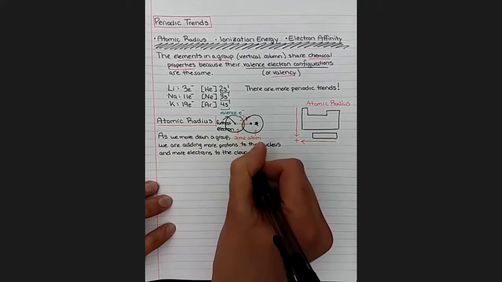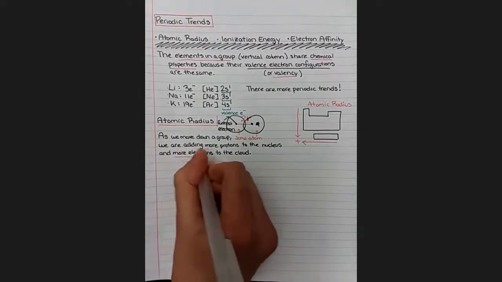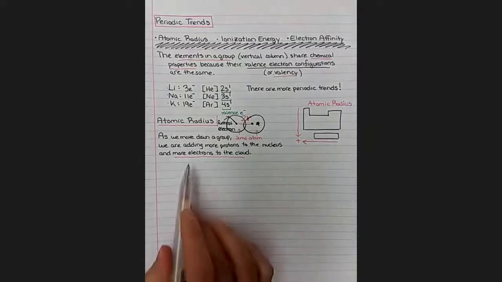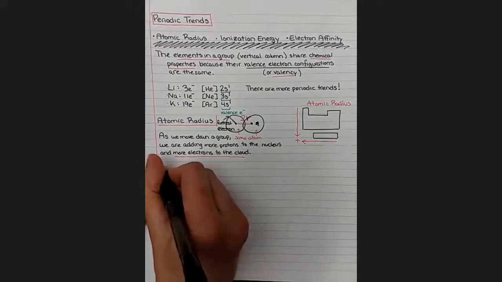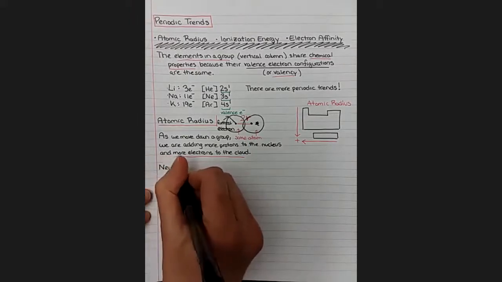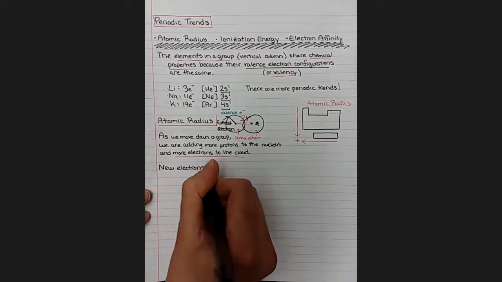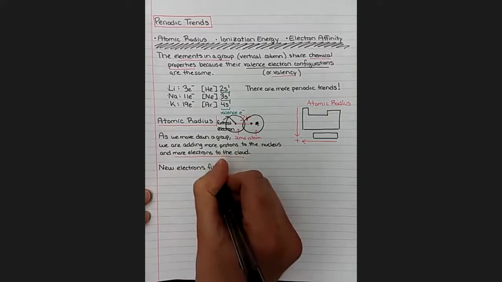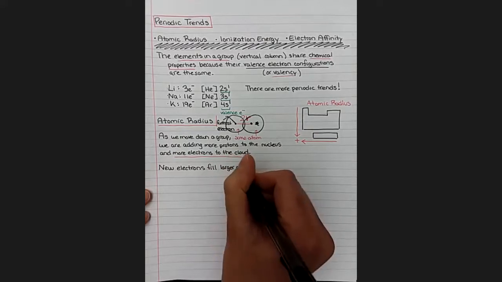And these protons and electrons and their relative numbers and position are going to tell us how large that atom is going to be. We're specifically interested in the electrons in this moment. So what happens when we add that next electron? Where does it go? What orbital does it live in? As we add the new electrons, they fill the larger orbitals, right?